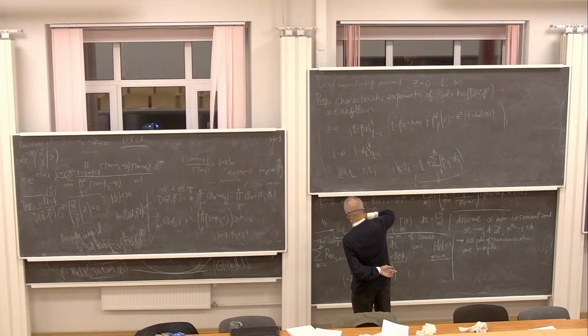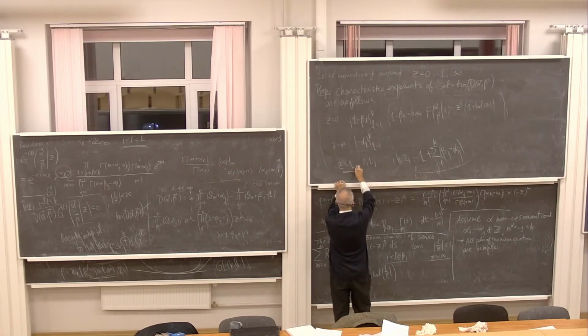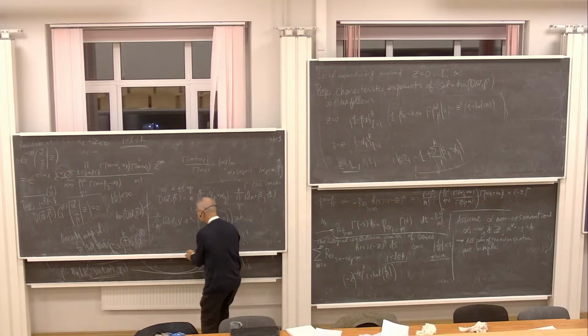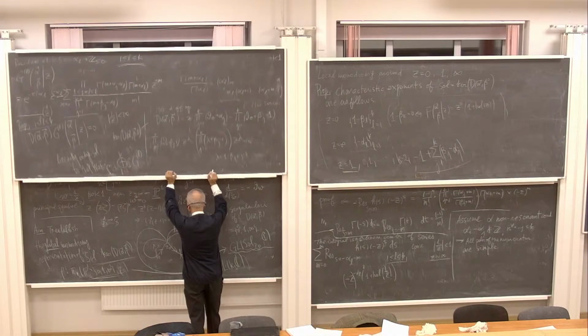Okay, so z equals 0 is easy, and z equals infinity is also easy. They are symmetric in a certain sense. And at z equals 1, the situation is completely different. There is no symmetry between 0 and infinity.